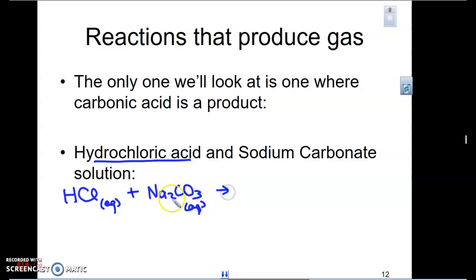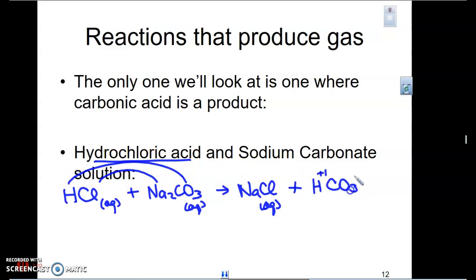In your lab, by the way, this will be a solid, but it'll get dumped in. It'll become aqueous pretty quickly. But double displacement, sodium's going to go with chlorine. Please, whatever you do, do not say it's Na2Cl. I will start crying. And then hydrogen goes with carbonate, and hydrogen's a +1, carbonate's a -2, H2CO3.